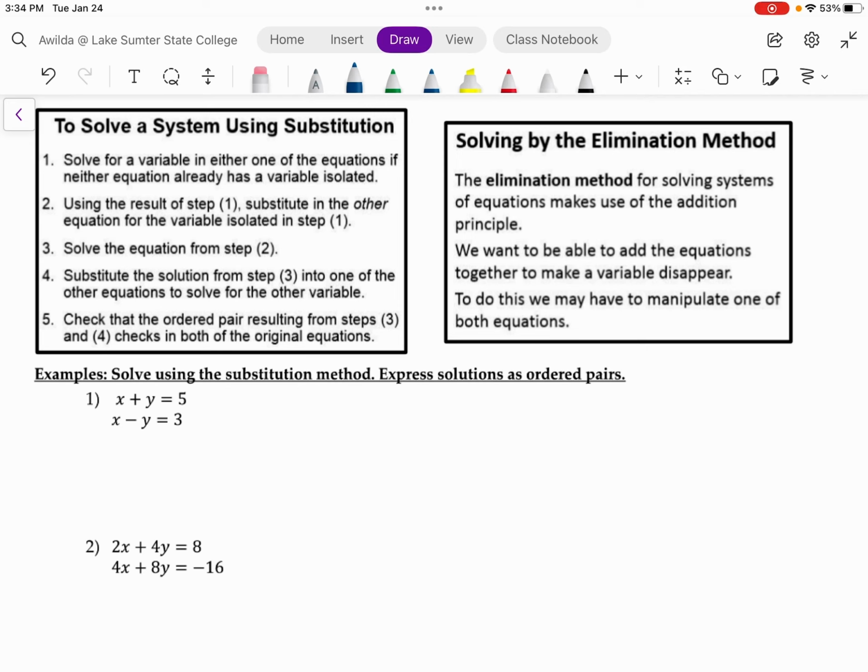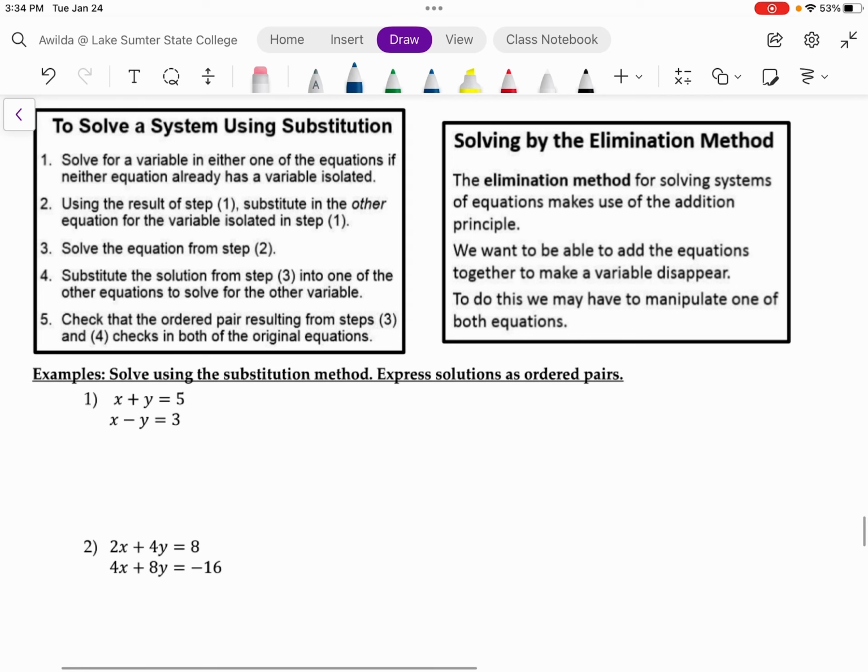In the first example, we have a system with the following two linear equations: x plus y equals 5 and x minus y equals 3. Here, we can choose either of the two equations and choose either of the two variables to isolate. So just for simplicity, I'm going to isolate the x variable in the first equation.